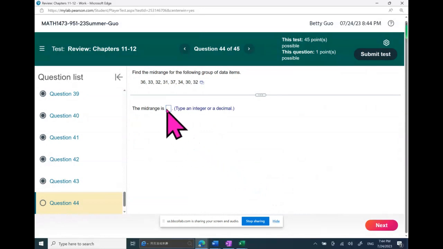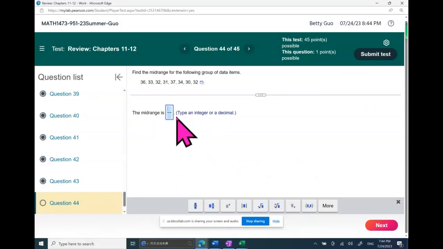This is to find the mid-range. What's the formula for mid-range? You add up the minimum and the maximum divided by 2. What's the minimum? 30. What's the maximum? 37. Add them up and then divide by 2. Let's see what we have. 30 plus 37 divided by 2.